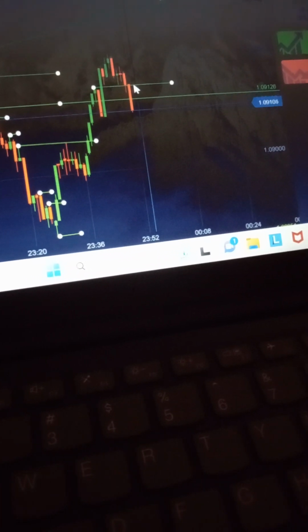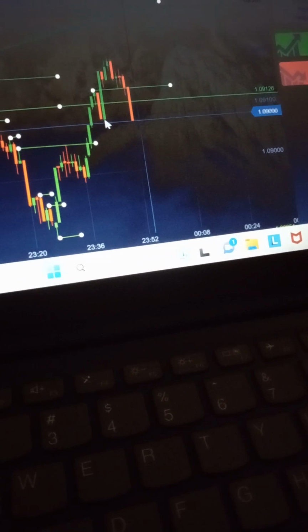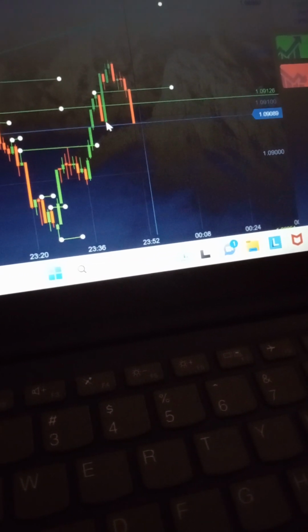Now you see, instead of reacting to this level, price broke right on through it. And as you can see, this is a low right here.